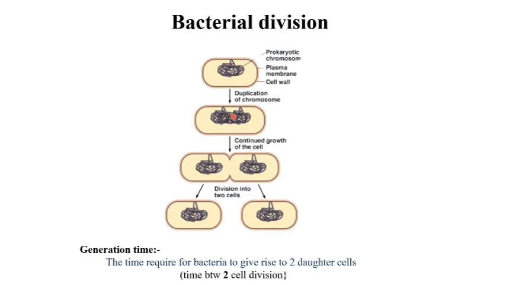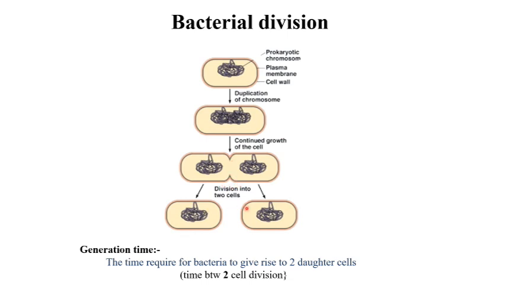And this circular double-stranded DNA will be divided into two identical complementary strands here. And after that, here you can see this is the septa. The transverse septa will be formed here, and this transverse septa will divide the mother bacterial cell into two daughter cells.